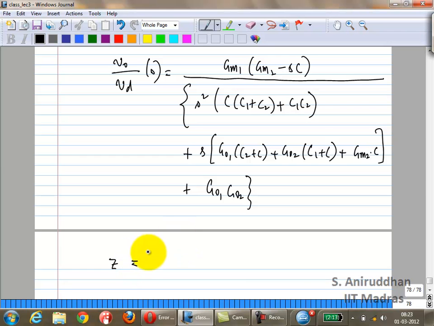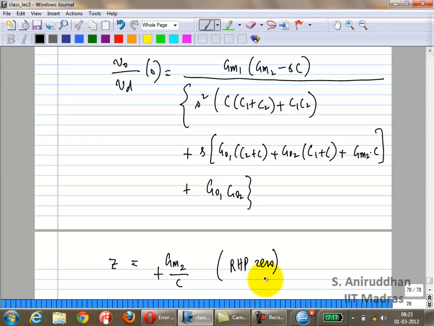Where is the 0 located? It is located at plus GM2 by C. So it is a right half plane 0.